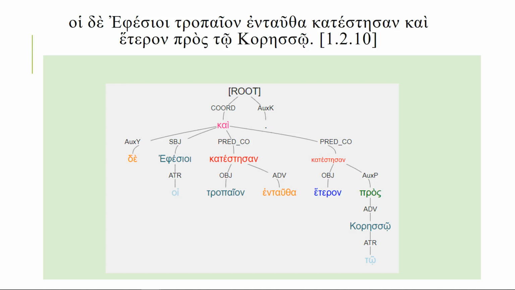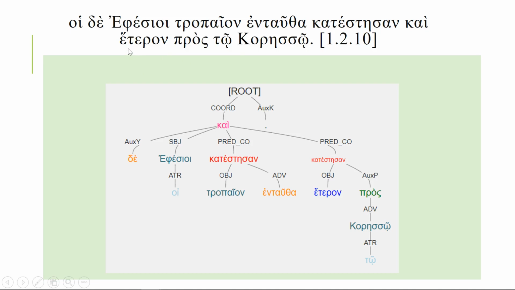So the Ephesians set up, let's just take it in order. The Ephesians, tropaion is just what it looks like, a trophy. The Ephesians set up there a trophy. That sounds good. That makes sense. It fits the grammar. It fits the syntax. And heteron, which means another. Now, it could be a masculine accusative singular, or it could be a neuter accusative singular or nominative singular. We know it's not nominative. So they set up, there's no second verb for it, so you have to repeat the first verb.